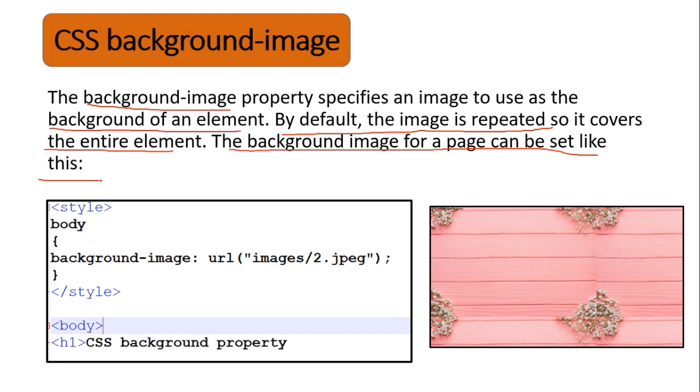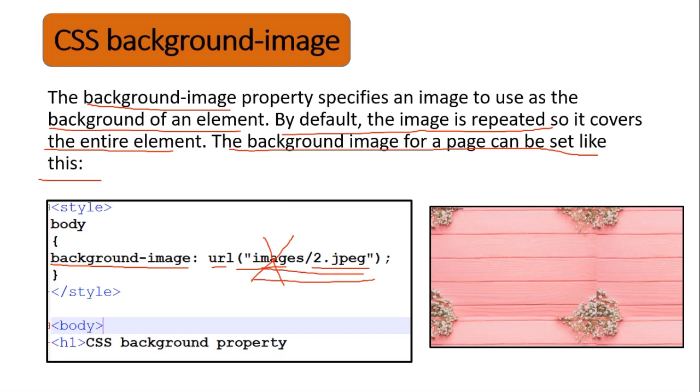In the example, to set a body background image, we use the property name background image, then url, the folder name, and then the name of the image you want to set as your background image. Suppose your HTML page or CSS page is in the same folder, you do not have to specify the folder name, you just write your image name. The linking of your image is the same as how we link different images, audio, videos, or HTML.